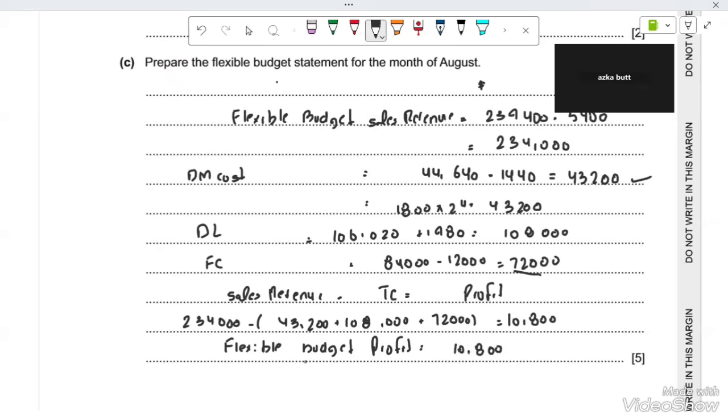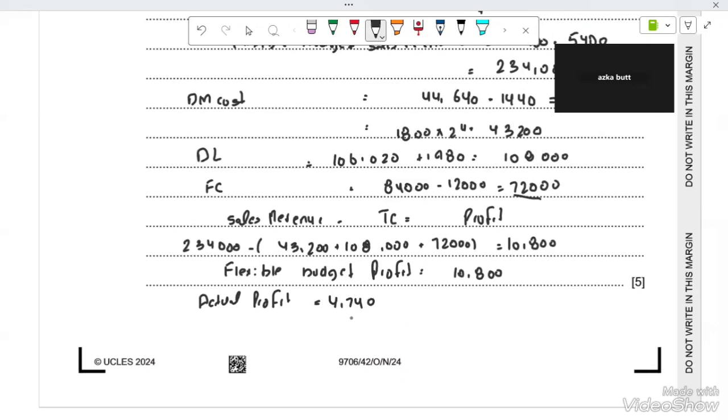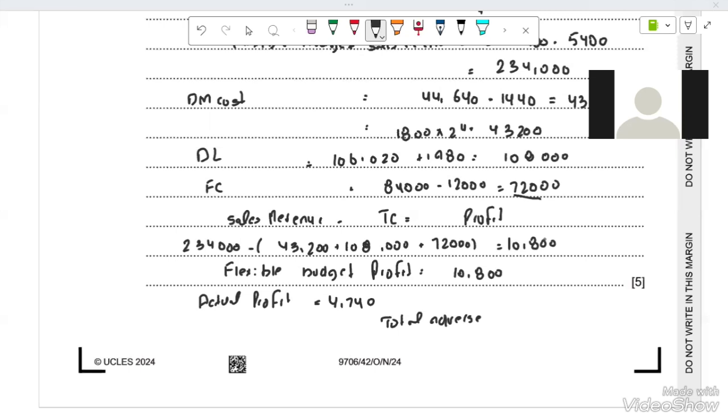And the actual profit was 4,740. So the total adverse variance: the flexible budgeted profit is 10,800, but the actual profit was 4,740.